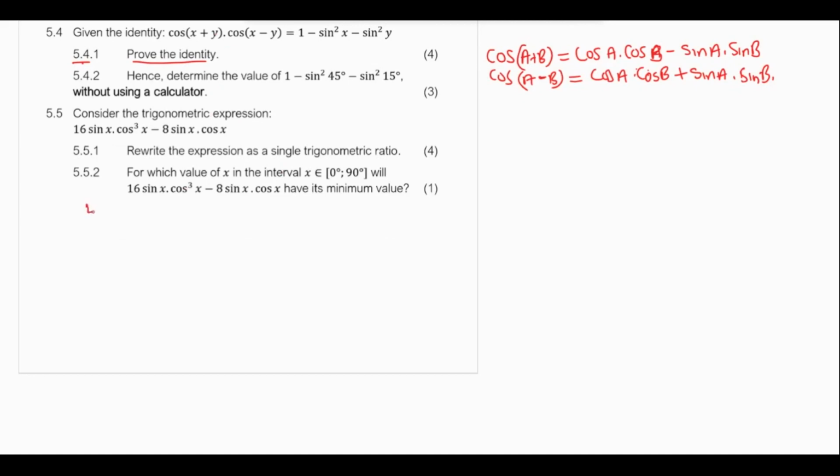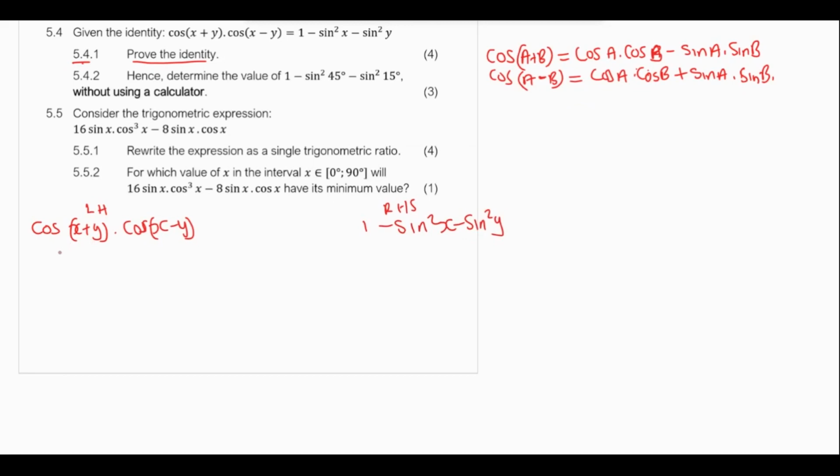We have our left-hand side and right-hand side. We want to prove that the two sides are equal. So we have cos(x + y) times cos(x − y) is equal to 1 − sin²x − sin²y.